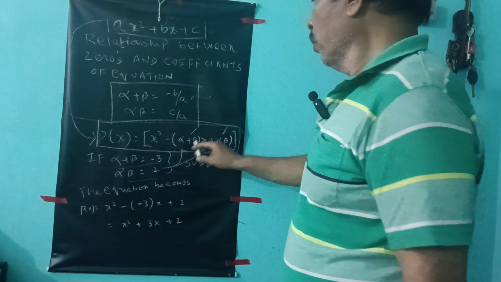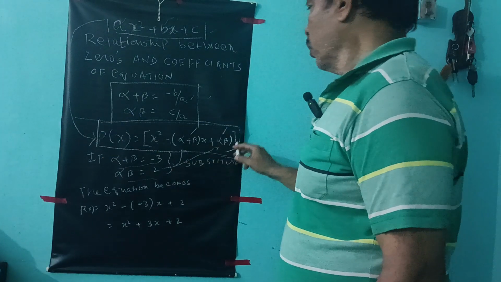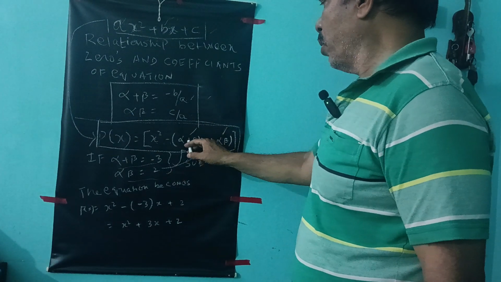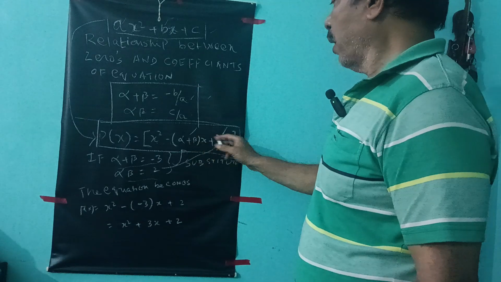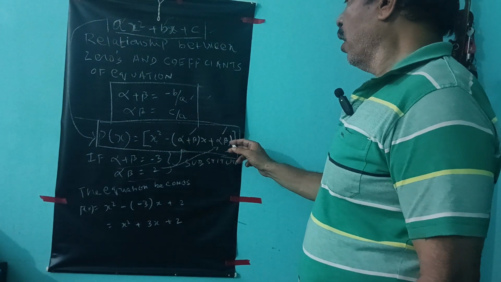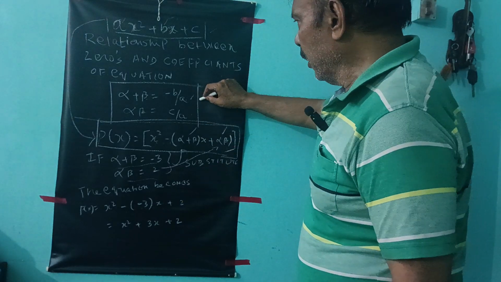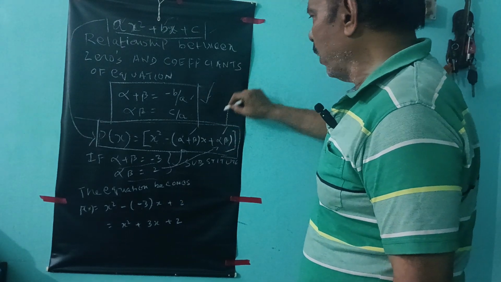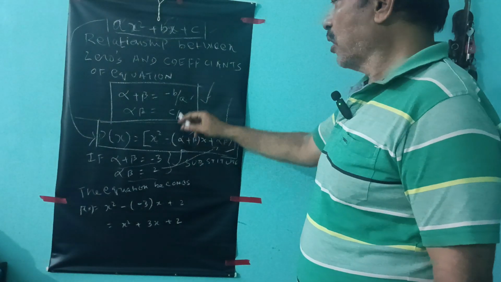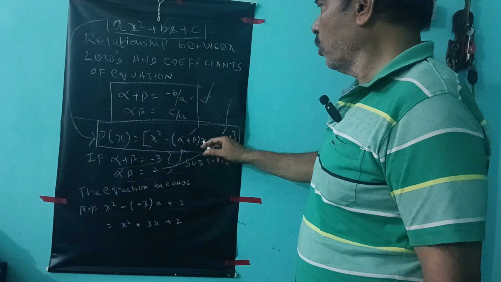So this is another way of writing the quadratic equation if you know alpha plus beta and alpha into beta. This one and this one is very important. They will ask you questions in this. So please remember these two things.